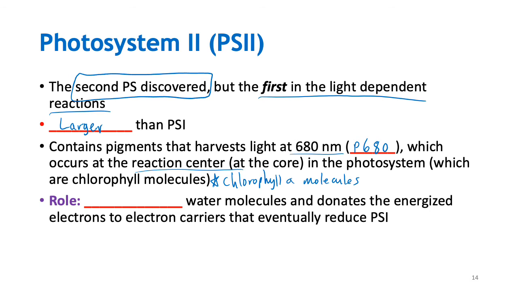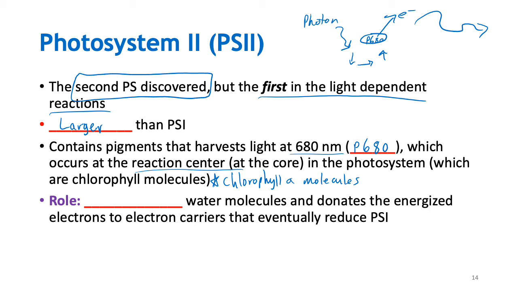You can think of a photon hitting a leaf and then eventually getting guided to the thylakoid membrane. The photon bounces around, but it needs to hit this photocenter. Eventually it hits it, and then boom, an electron flies off of it and goes through the electron transport chain. But the photon needs to be guided to that photocenter, which contains the chlorophyll A molecules that specialize at a 680 nanometer wavelength light-harvesting center.